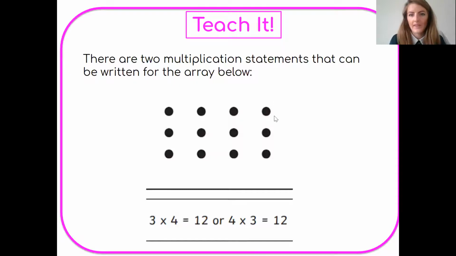They both give you the same answer. What's it called when you can do the calculation in any order? Can you remember? It's the word beginning with K. It's commutative. Multiplication is commutative, and I know that you know what that means. It means it can be done in any order.